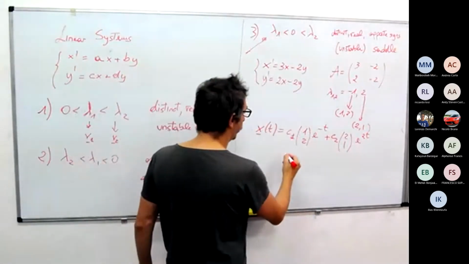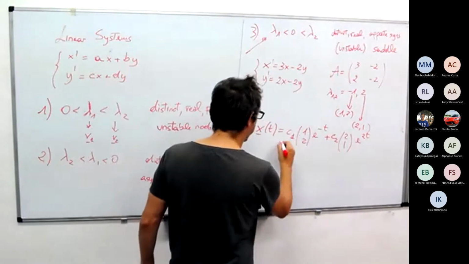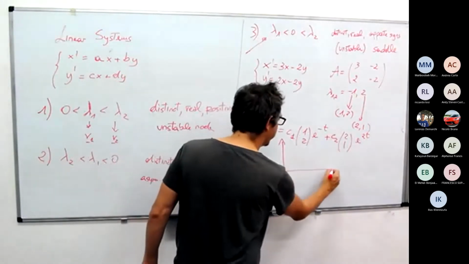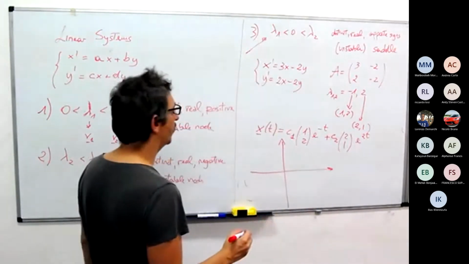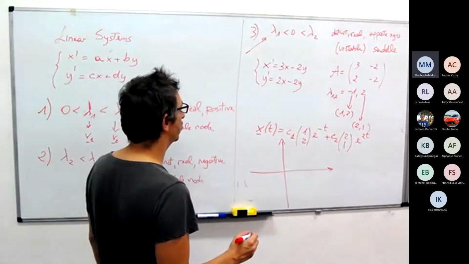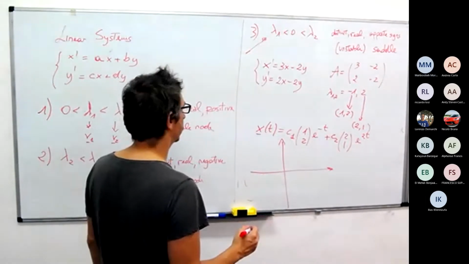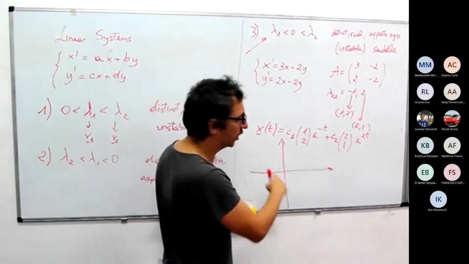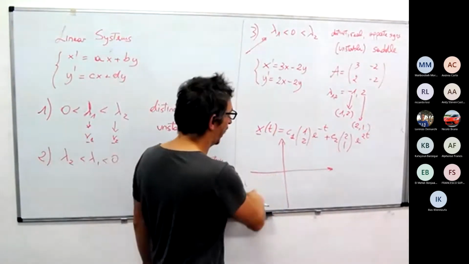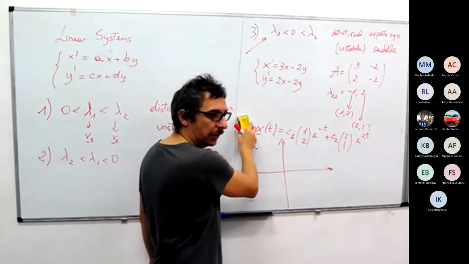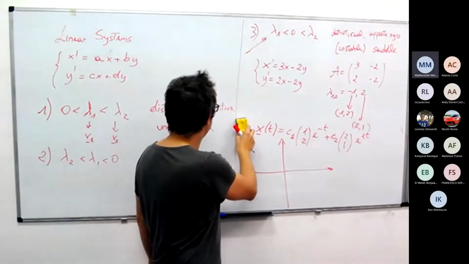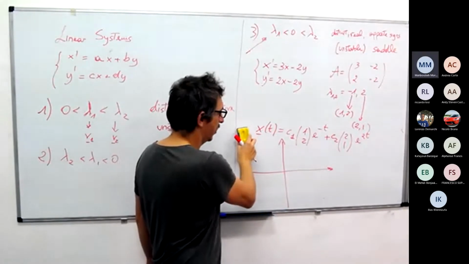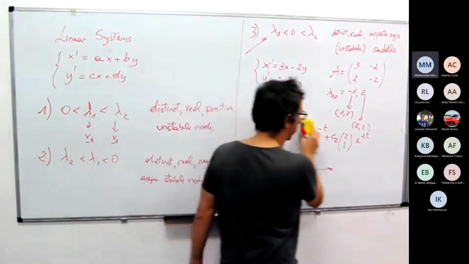Now let's try to draw the phase diagram. Can I cancel the general solution? Do you mind if I cancel the general solution?